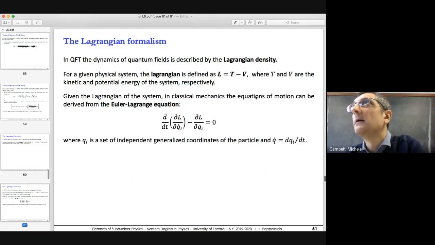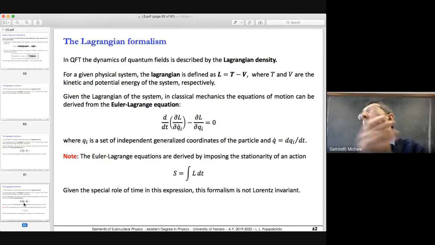And then, as you know already, given the Lagrangian of a system in classical mechanics, you can derive the equation of motion just by substituting your Lagrangian into the Euler-Lagrange equation and solving this equation, where q are generalized coordinates, so spatial coordinates and momentum coordinates, and q dot is just the time derivative. Okay, so you know this very well from classical mechanics.